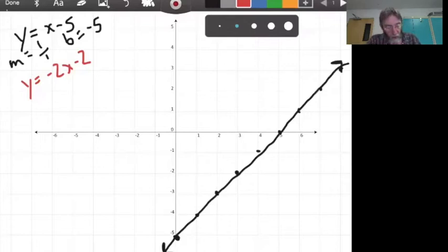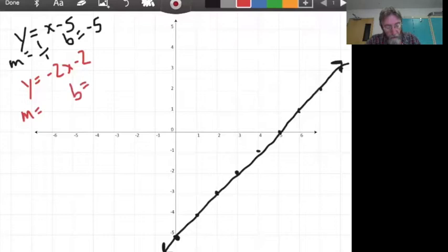So once again, we need to identify our slope and our y-intercept. Our slope here is negative 2, which we can write as negative 2 over 1. Our y-intercept is that negative 2 from right here. And now we can graph. Go to negative 2 on the y-axis because that's our y-intercept.